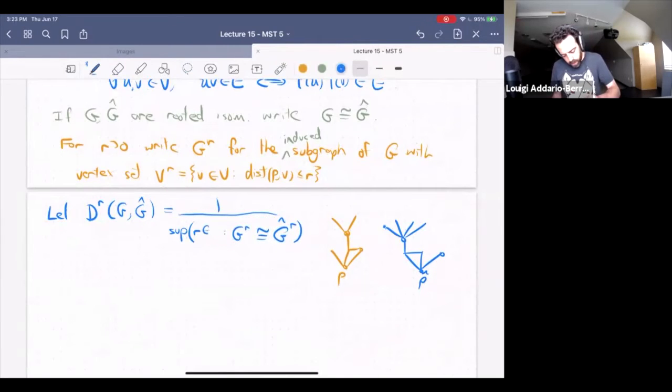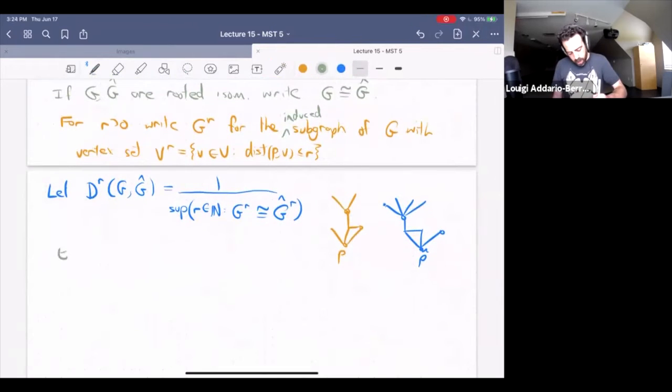Maybe I should say R is in N here. When we move to weighted graphs, I'll want to allow real distance, but here it can just be integer. Now I'll leave it to you to check, so the exercise is that this satisfies the triangle inequality.